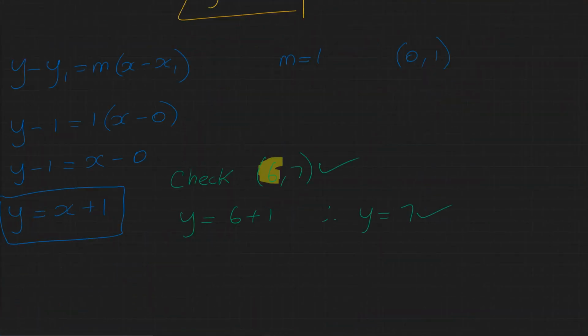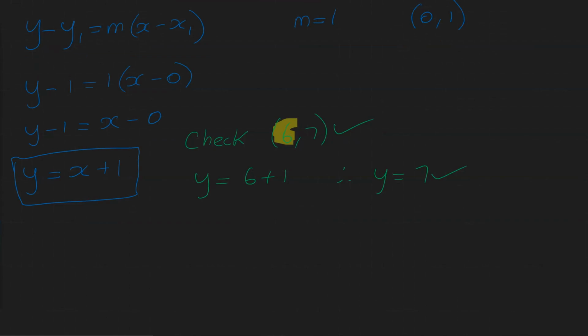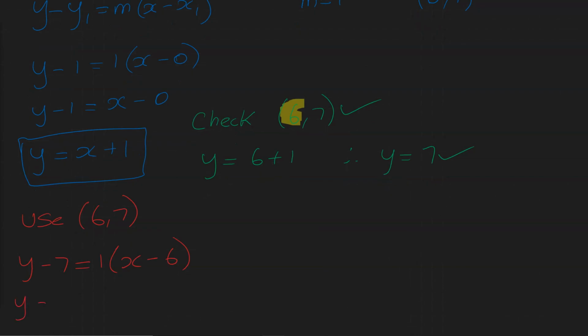Now you could do the exact same thing using the exact same process for the other coordinate. So I will use coordinates 6 and 7 this time and substitute in. I'll go y minus 7 equals 1 bracket x minus 6, and I'll expand it out. So y minus 7 equals 1 times x is x, and 1 times negative 6 is just negative 6.